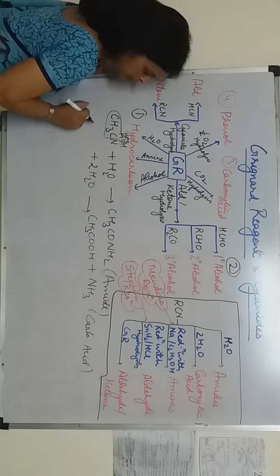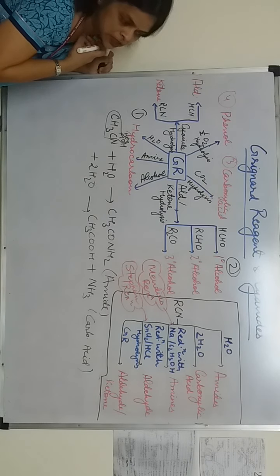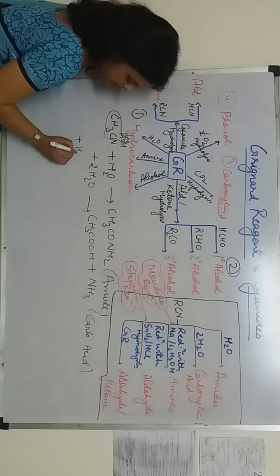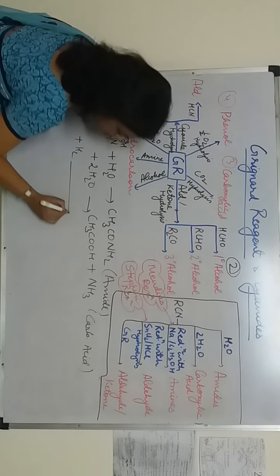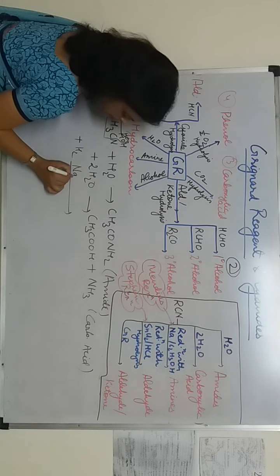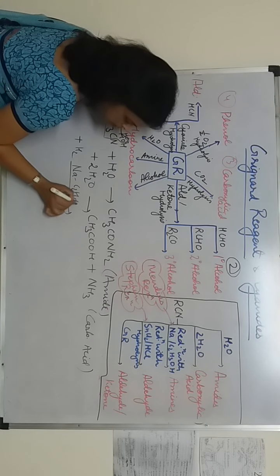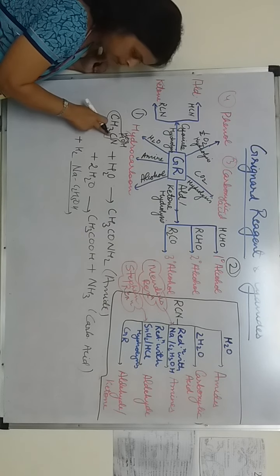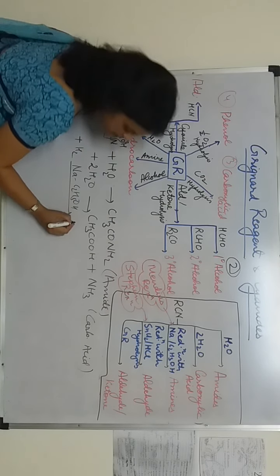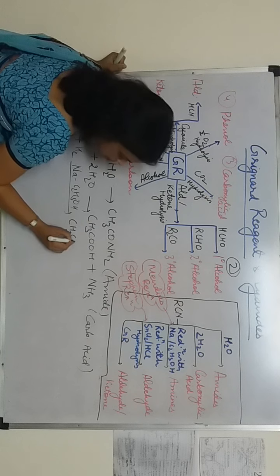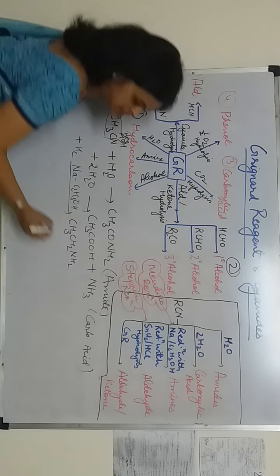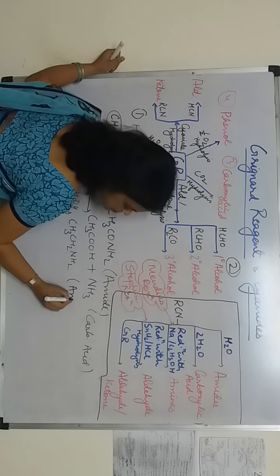Now when you are doing a reduction with sodium and ethanol, combining with H2, two hydrogens will get attached to carbon as well as nitrogen, and we will get CH3CH2NH2, and this is an amine.